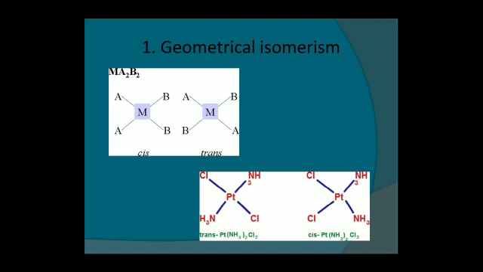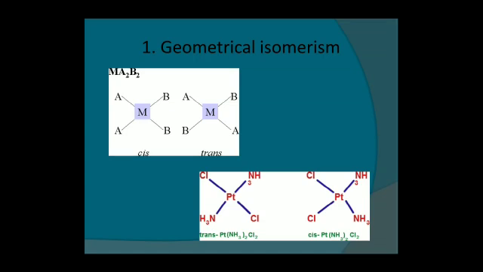First we will go to geometrical isomerism. Geometrical means there is a change in geometry only. Geometry means structure. Any compound is made up of different ions attached. If two same ions are attached on the same side, that makes the cis form.